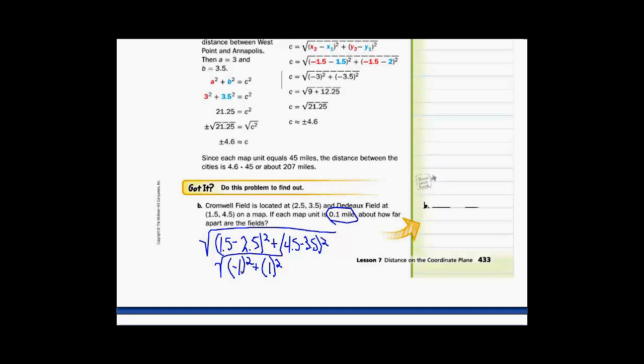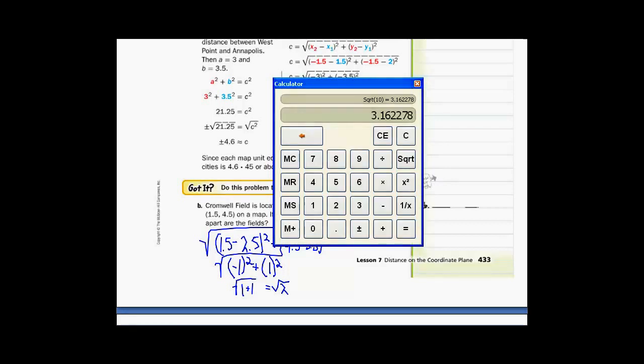So -1 squared is 1. 1 squared is obviously 1. So I'm talking about the square root of 2. So on my calculator, if I take the square root of 2, I get 1.414214. So that is approximately, using my little squiggly equal sign, 1.4 units.